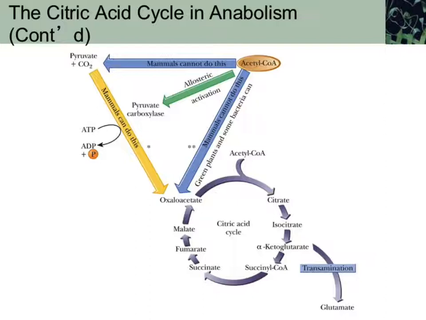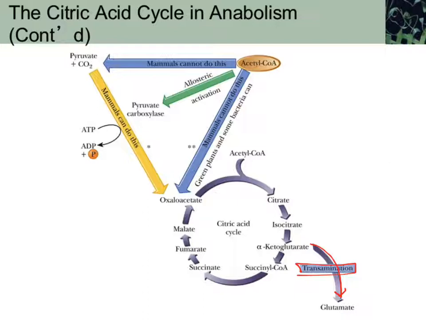And that's what they're kind of showing here, with really only one big thing. Alpha ketoglutarate can be used to make glutamate through a process known as transamination, which is really just a fancy way of saying turn the carbonyl into an amine.